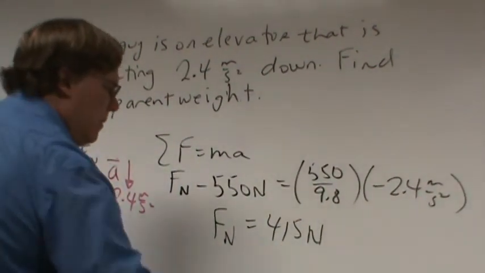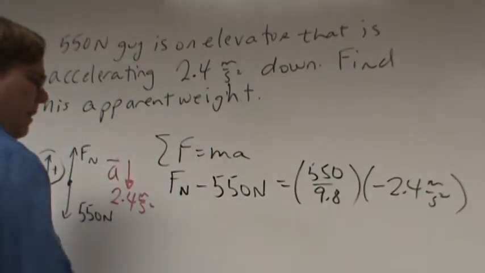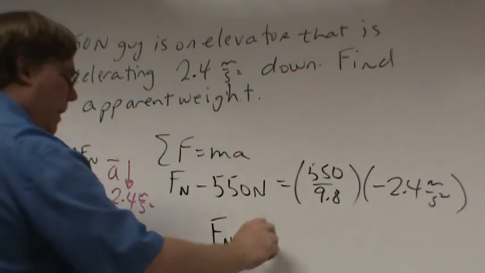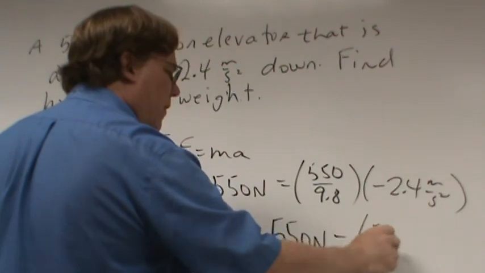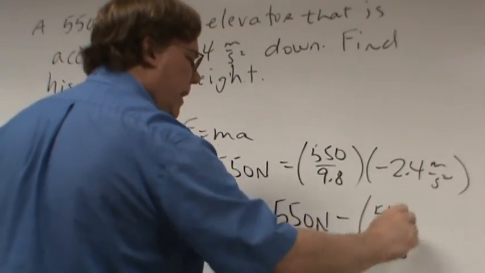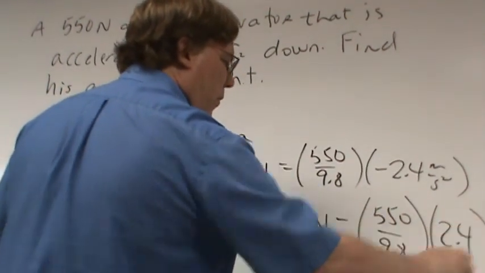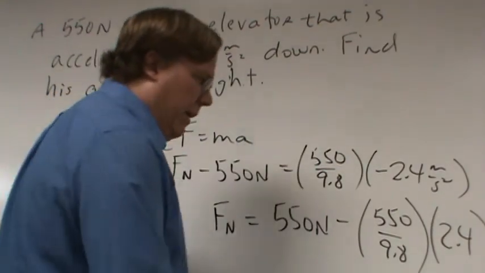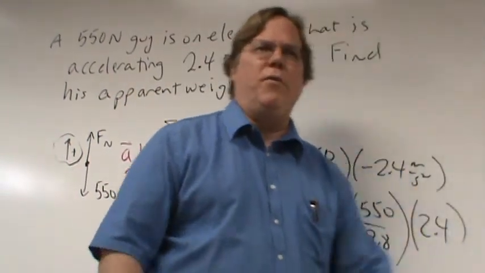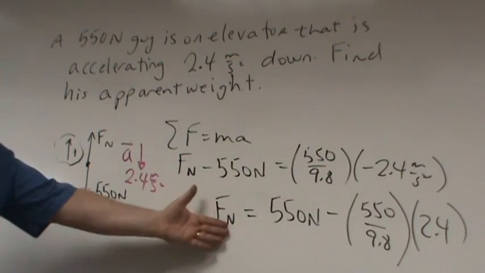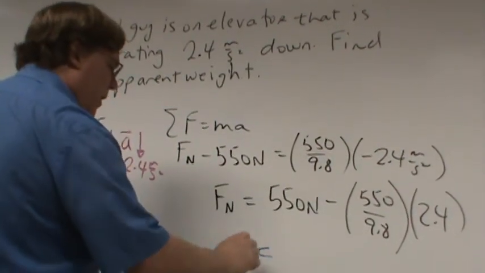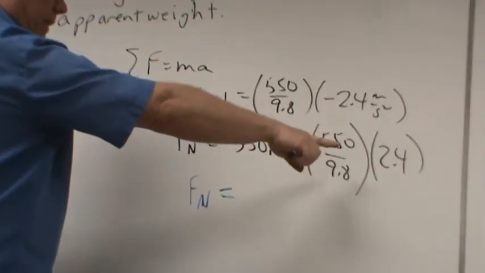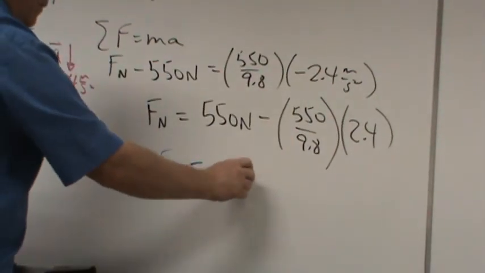Now, let me ask you another question. Here, this was F sub N equals 550 newtons minus 550 over 9.8 times 2.4. You'll notice I ended up with 415.